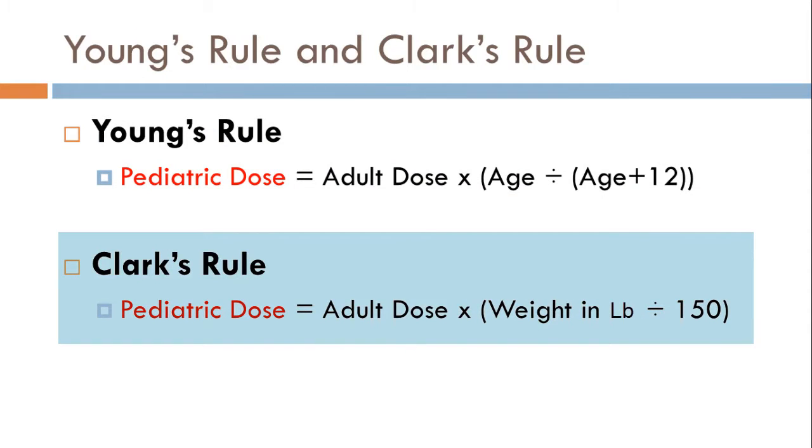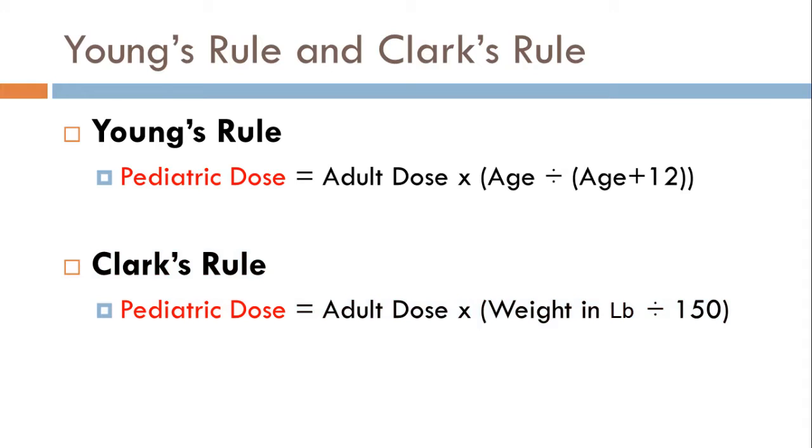It is the adult dose multiplied times the weight divided by 150. So on an exam, you may be asked the question, determine the child's dose of the following medication using Young's rule or using Clark's rule. Either way, I want you to be able to use one of these two rules and give me the exact amount that you come up with from this equation.